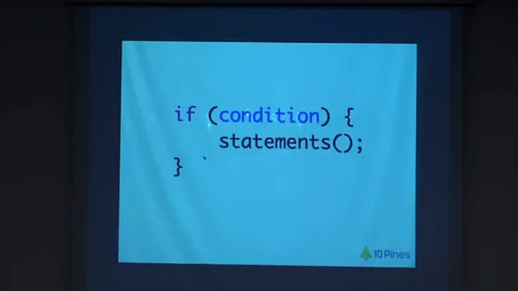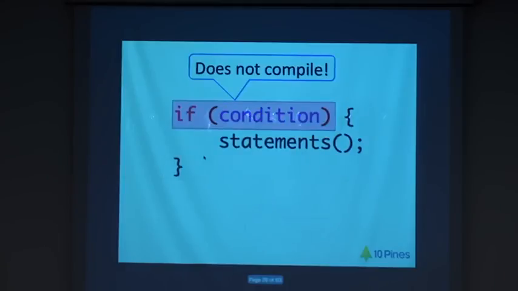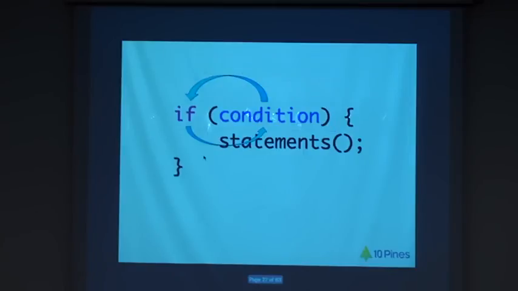So if we want to convert this to an object-oriented language like Smalltalk, we know that the statement, that block, has to be represented by a closure. That's the idea. A closure is an object that represents code. But the problem is that it doesn't compile because it doesn't follow the syntax. It's not an object that receives a message. So what's the trick to make it compile? Flip it around. Put the condition first, and the message will be if.